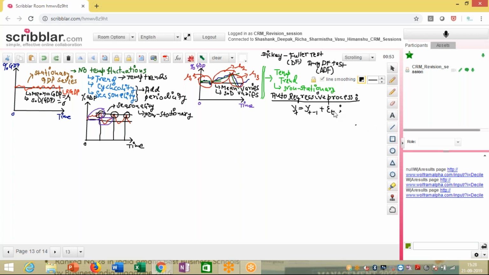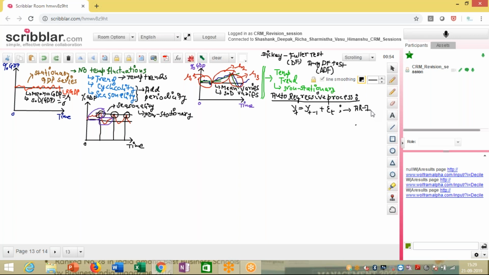This equation is an autoregressive model of order 1, and this equation has a very special name.